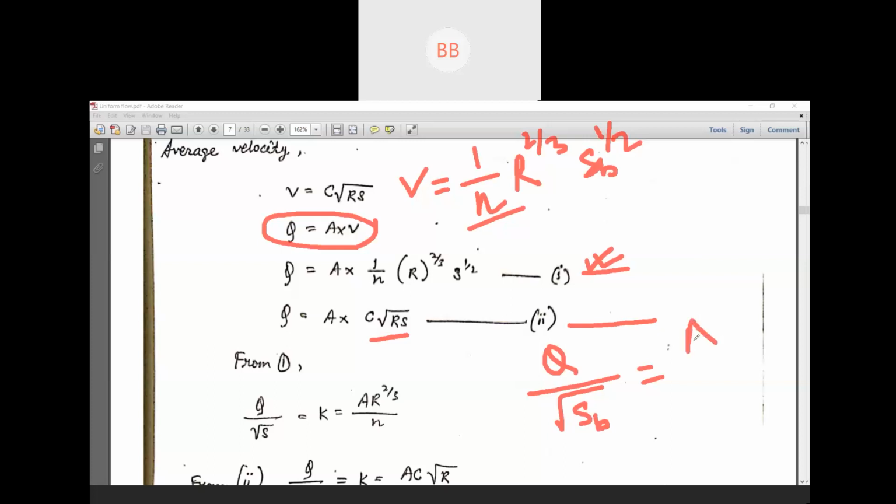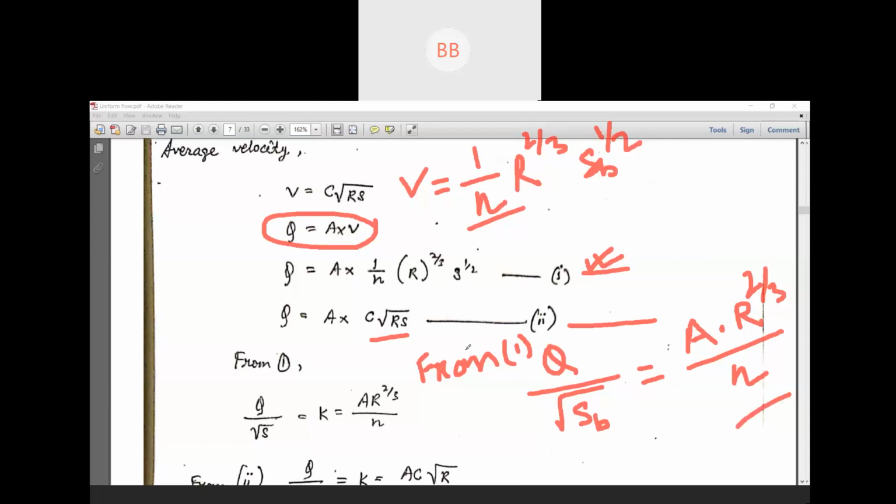So what will be left out is area multiplied by R to the power 2 by 3 divided by n. So from equation 1 we can write Q by root over Sb is equal to A multiplied by R to the power 2 by 3 divided by n.